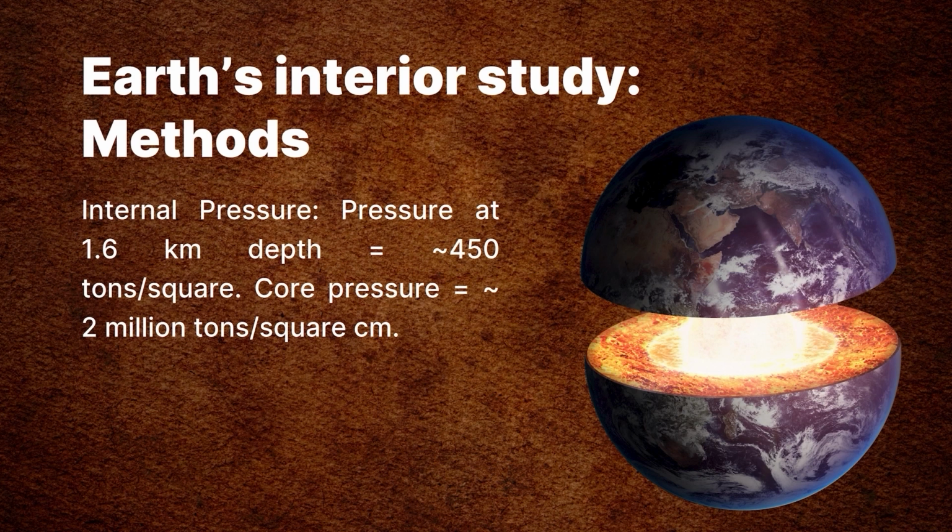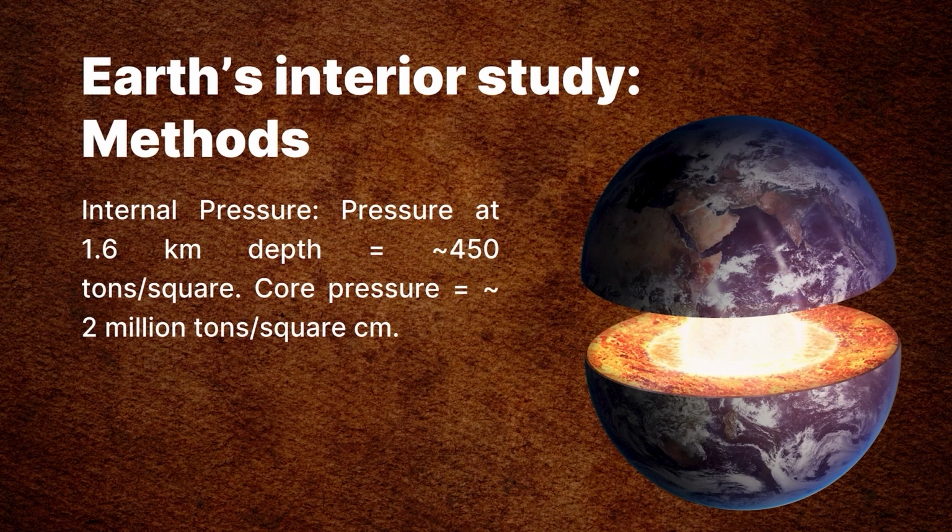This increase is consistent, and we call it the thermal gradient. Similarly, the pressure also changes. Pressure at 1.6 kilometer depth is around 450 tons per square centimeter. Now the core pressure is around 2 million tons per square centimeter. So gradually pressure is changing.